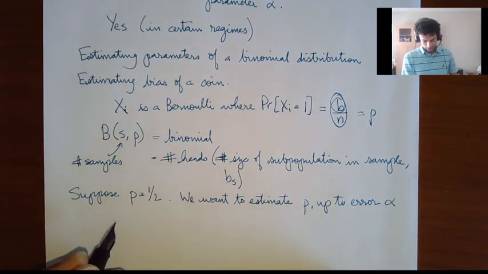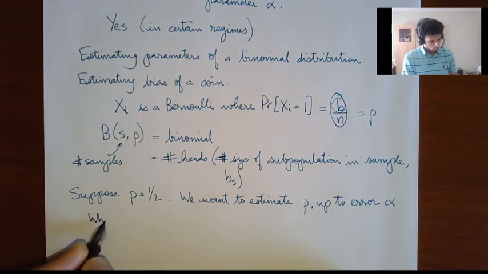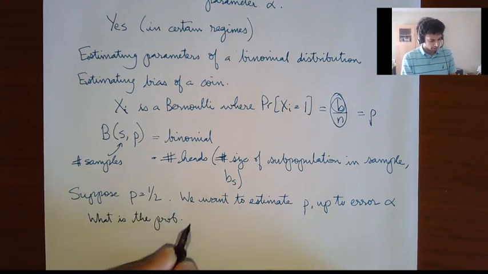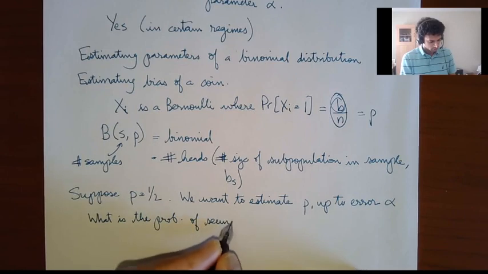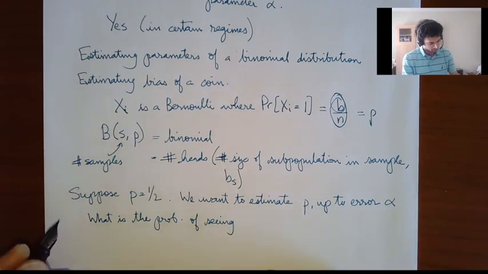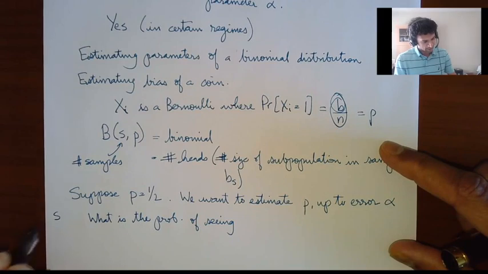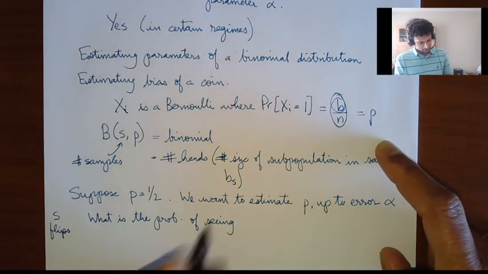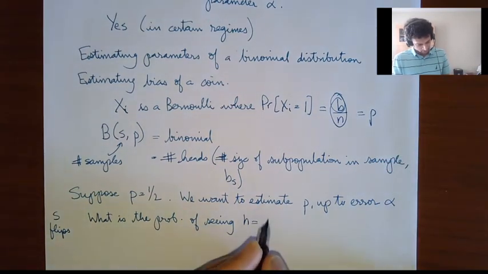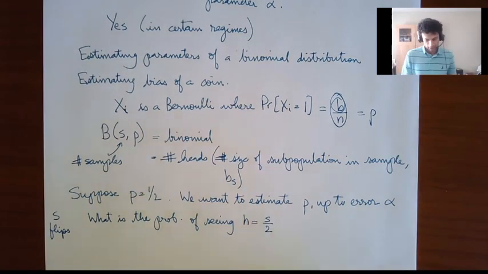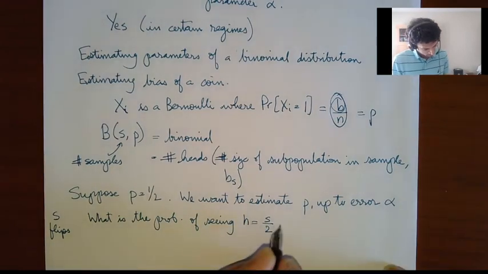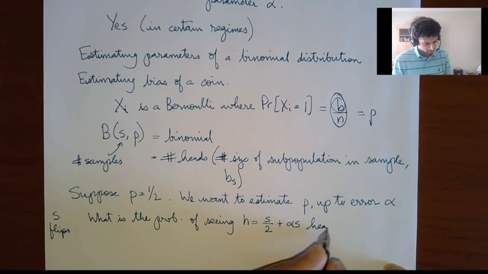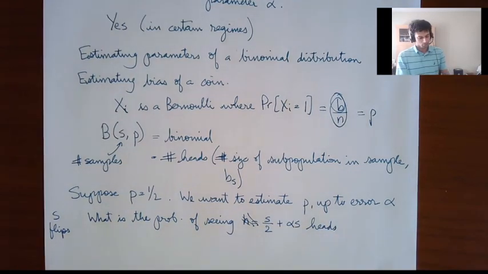Let me write this out as saying, what is the probability? We had S trials, S flips. What is the probability of seeing H equal to S divided by 2 plus alpha S heads?